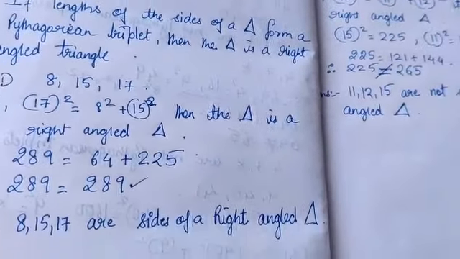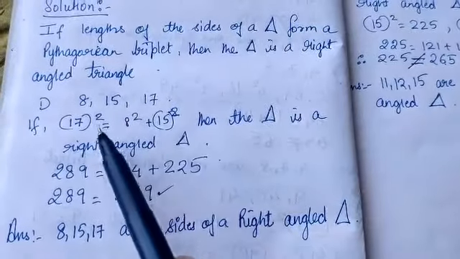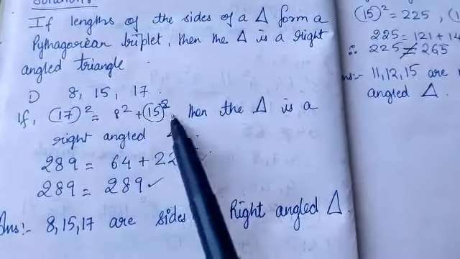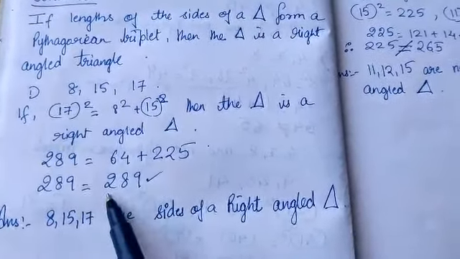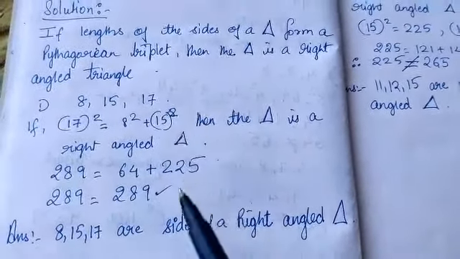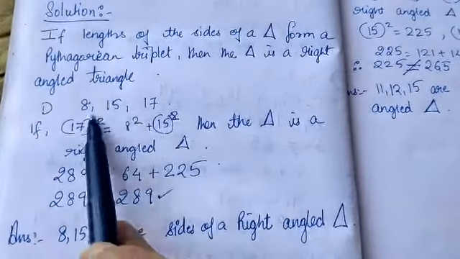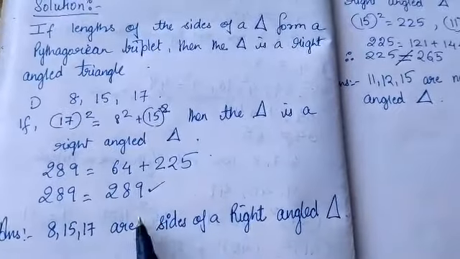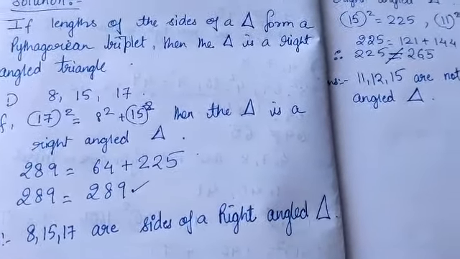So we know our Pythagorean triplet formula, that the square of the highest number should be equal to the sum of the squares of the other 2 numbers. When we solve this and when we find an equal match, we can say that these are sides of a right angled triangle. So here for 8, 15, 17, it's a match. So we can say that 8, 15, 17 are sides of a right angle triangle.